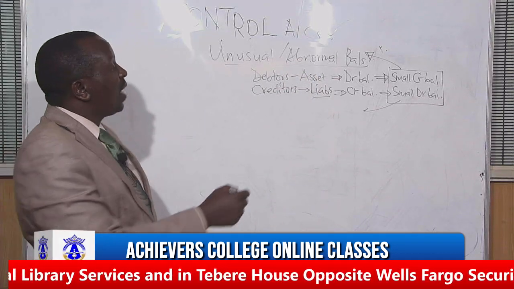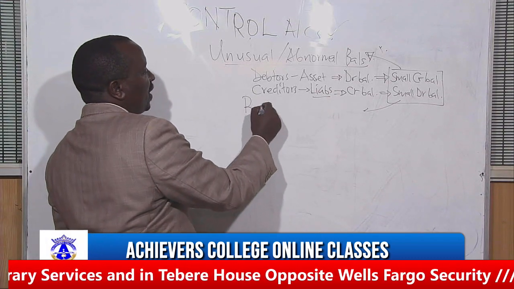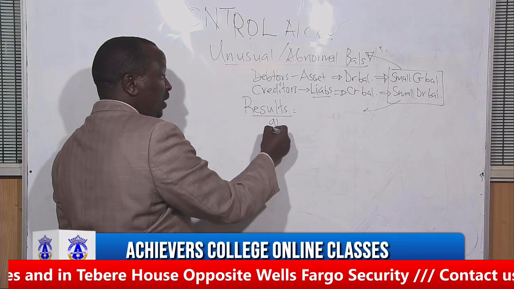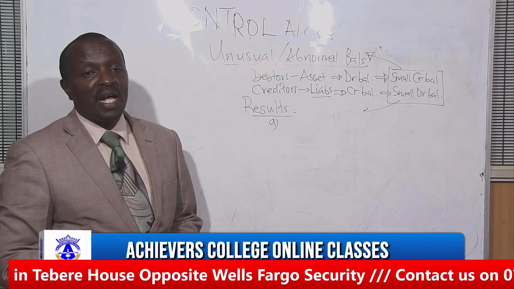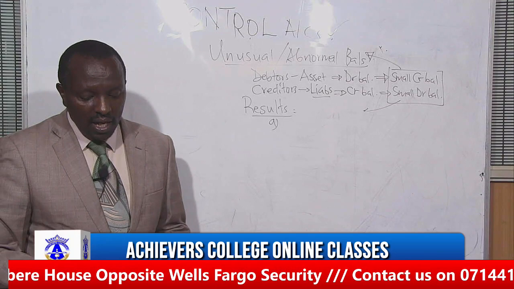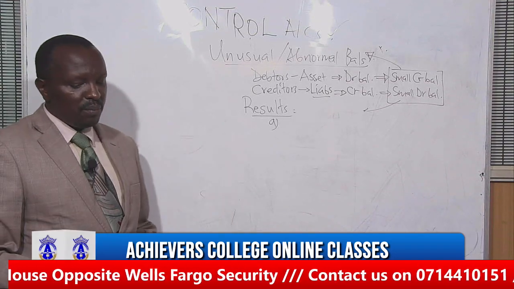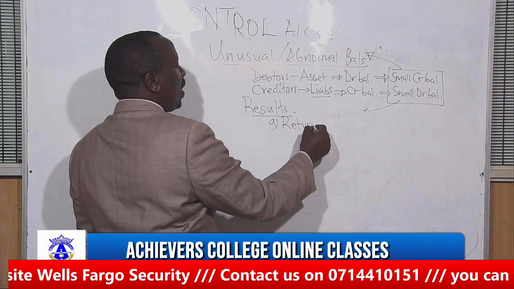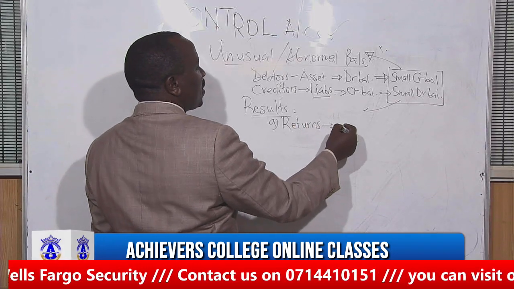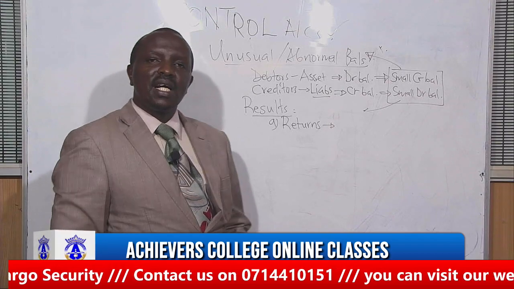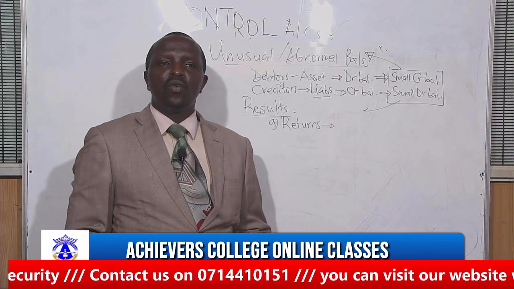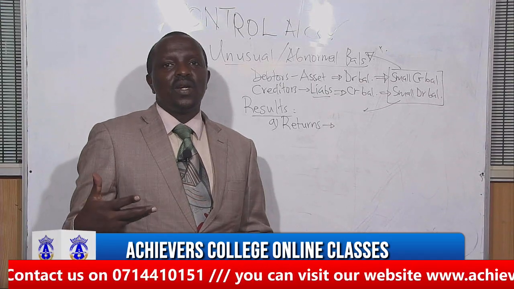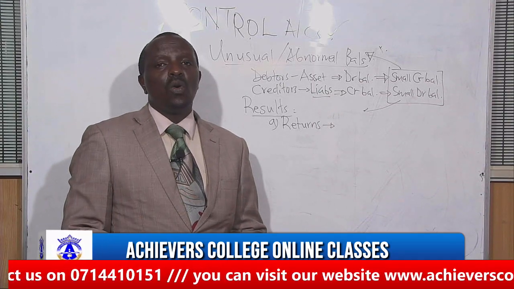Now, what really brings these abnormal balances? There are two reasons why we have abnormal balances in accounts. One of the reasons is returns. And why do we return goods? Especially when you are buying a crate of soda, and the person tells you that these soda containers are returnable containers.